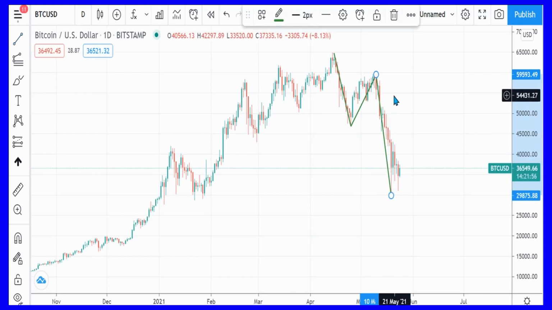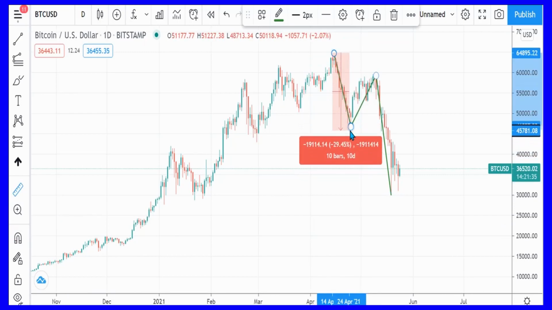You can see that the fall is getting stronger. The initial fall is not that strong, but it went down quite strongly, I would say about $10,000. Let us measure how much it fell the first round.